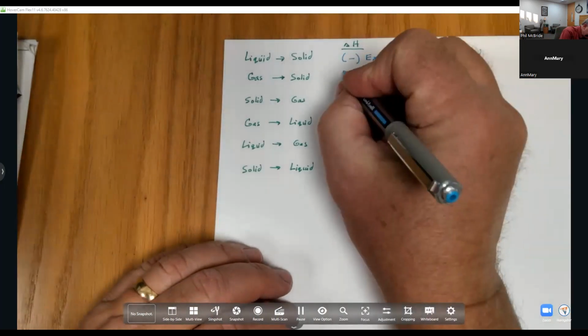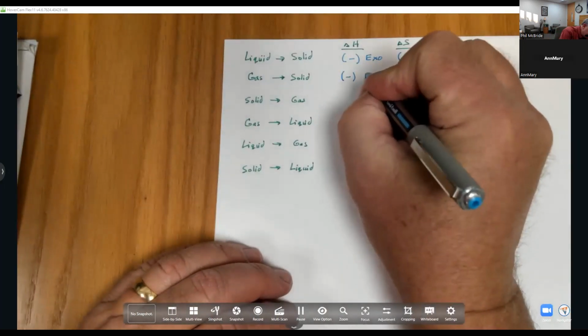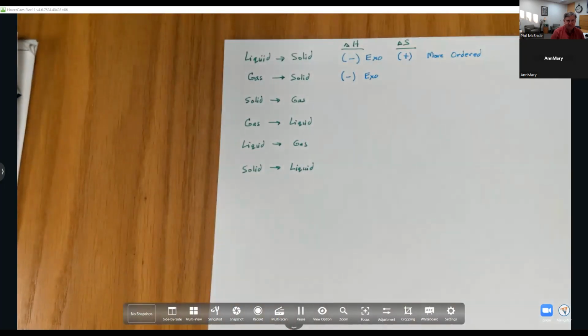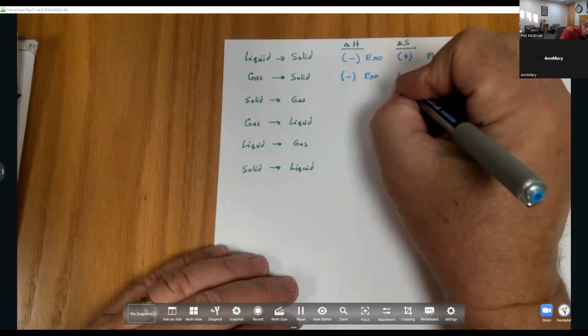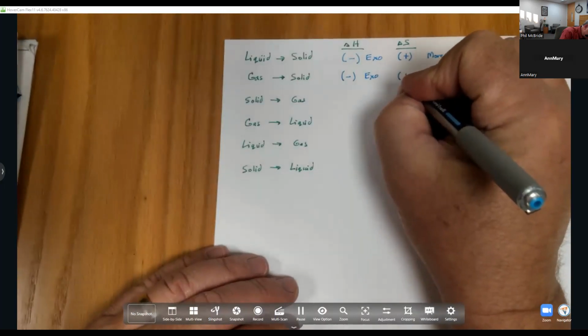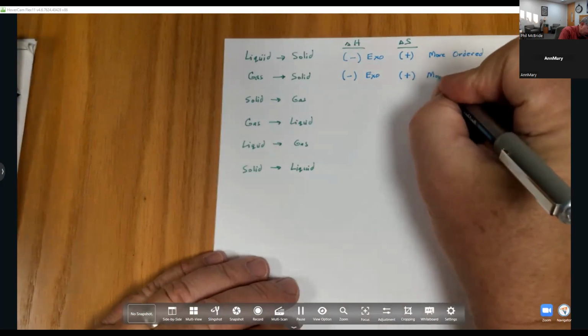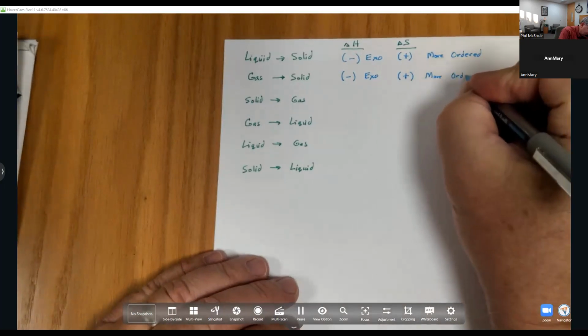Right? So negative, exothermic. Is it becoming more ordered or more disordered? More ordered. So that would be positive or negative. Positive.